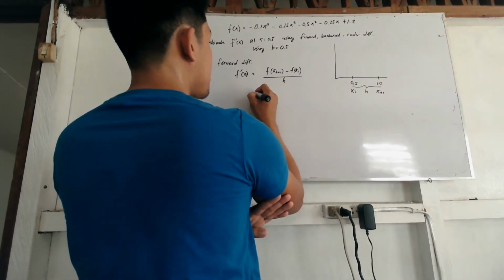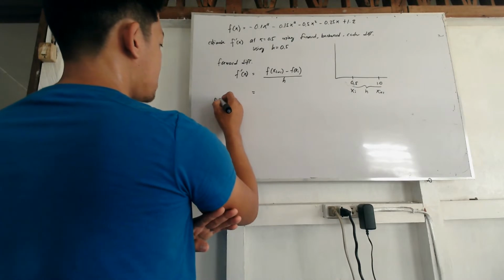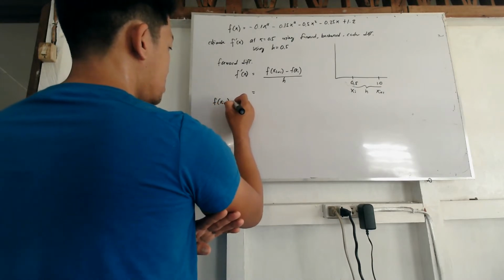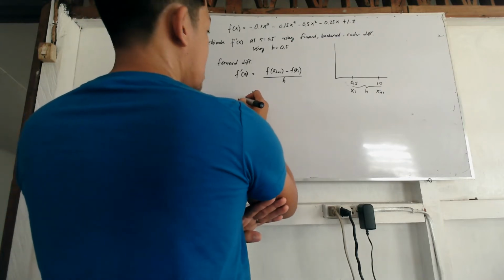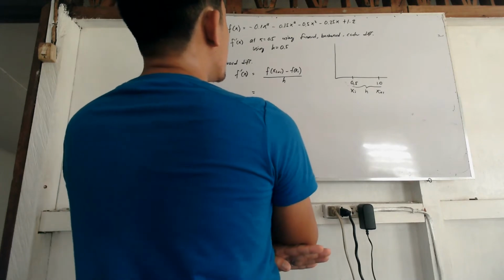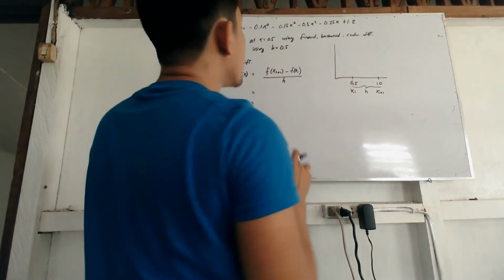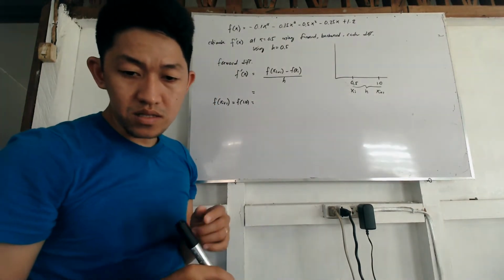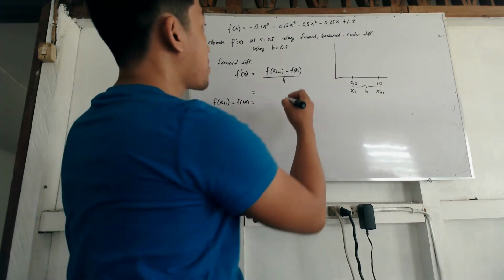So you have f of x sub i plus 1, f of 1.0 is equal to, you substitute 1 here, and the resulting value for that is 0.2.